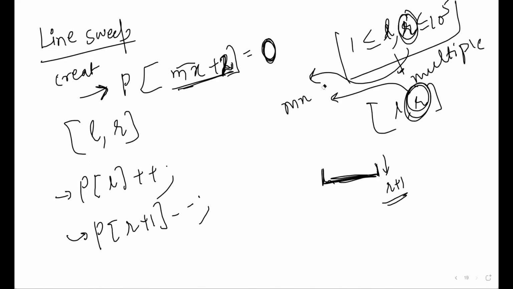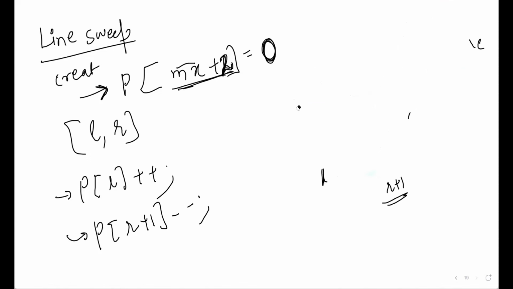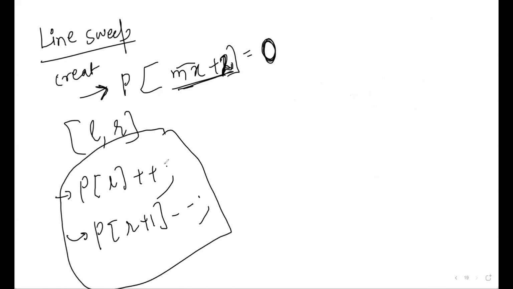Just have patience, we'll see how this is working. Now, what is the next step? For every series of expression or task or range that is given, you do this thing. After that, in your array, you have certain points.